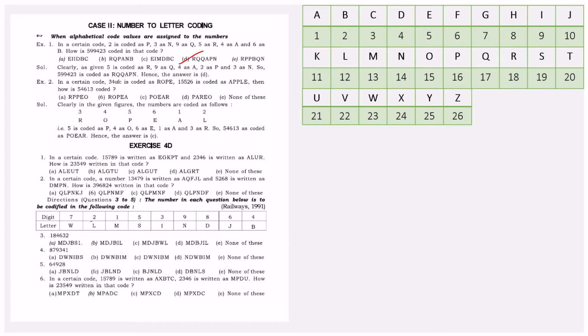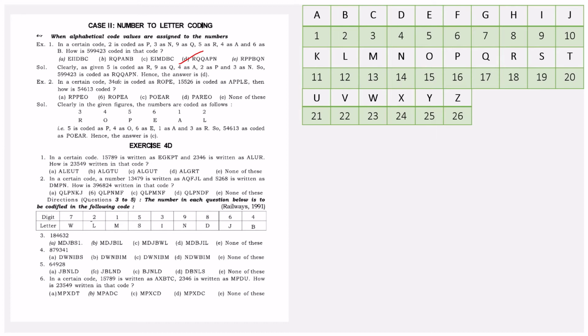Same here, in the second question: in a certain code, 34 is coded as ROPE, and 15526 is coded as APPLE. Then how is 54613 coded? They've made your table over here, 3 4 5 6 1 2. ROPEAL is the answer?